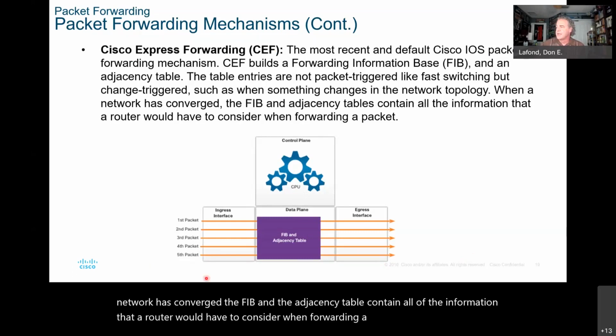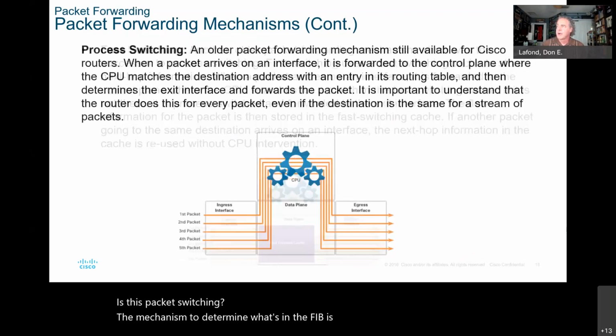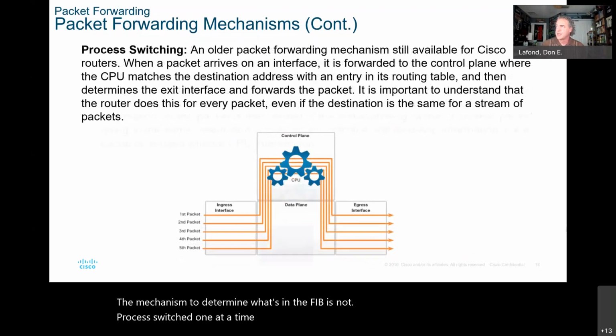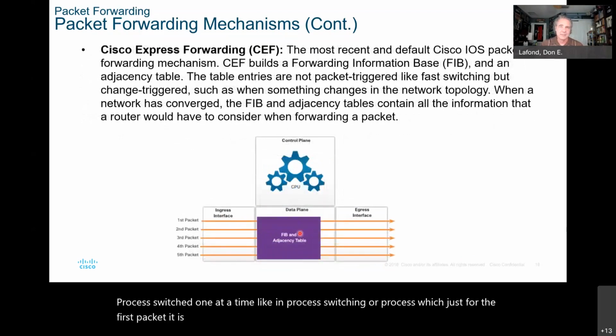The difference here is that the mechanism to determine what's in the FIB is not process switched one at a time like in process switching, or process switched just for the first packet. It is done in advance.